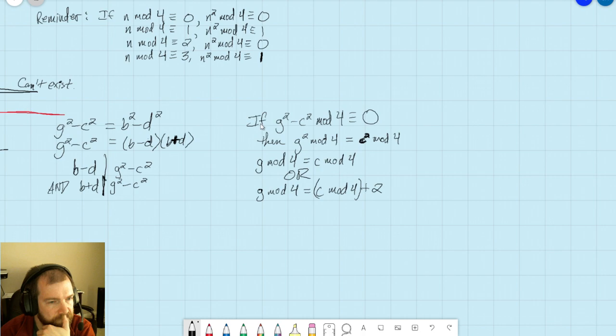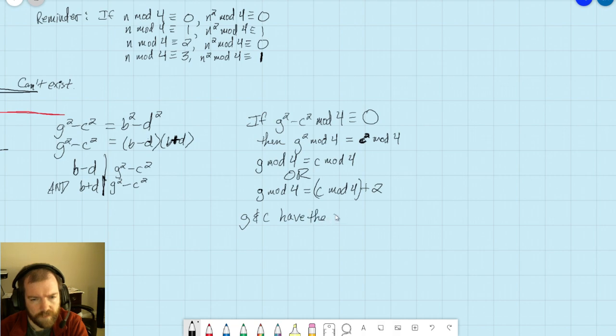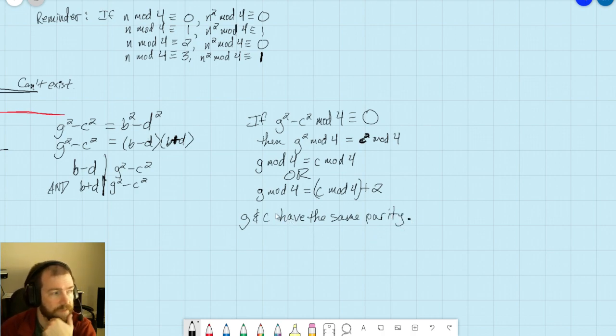So that is going to imply that g and c have to have the same parity in this particular case.